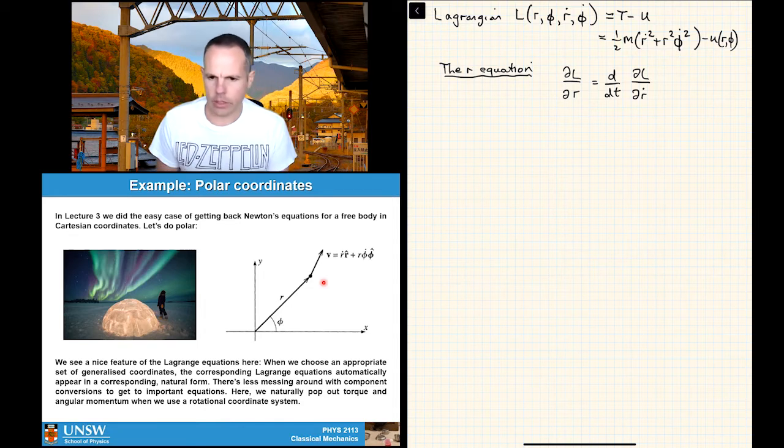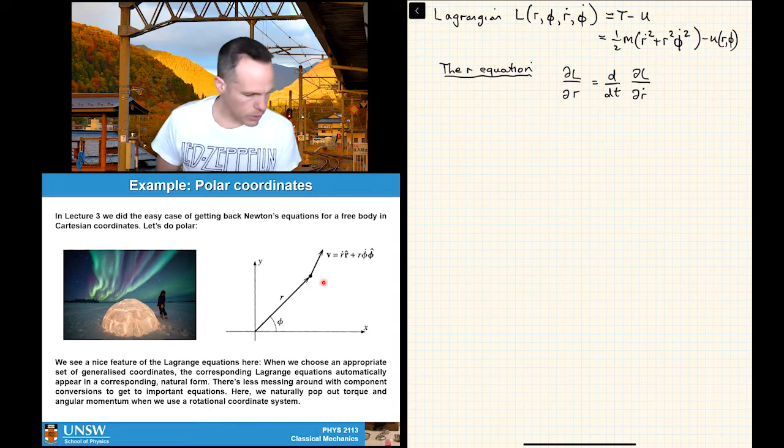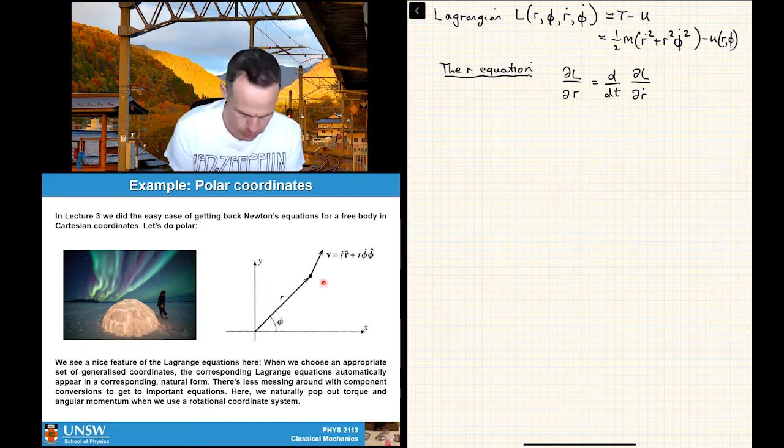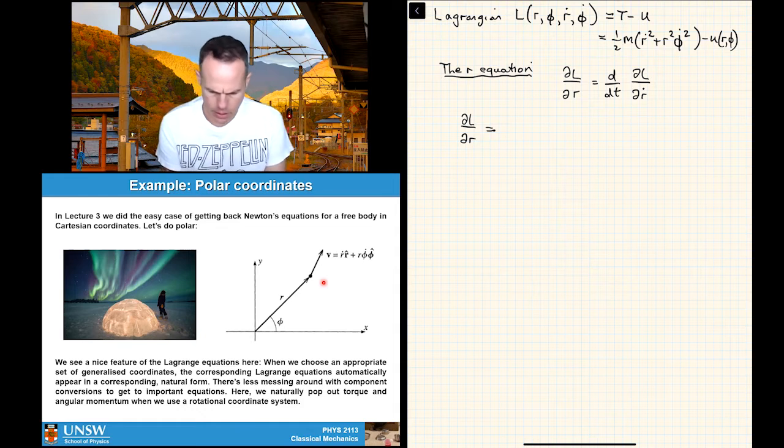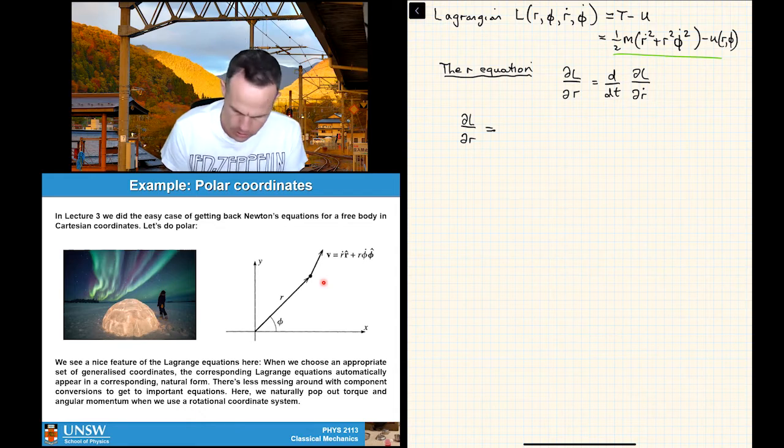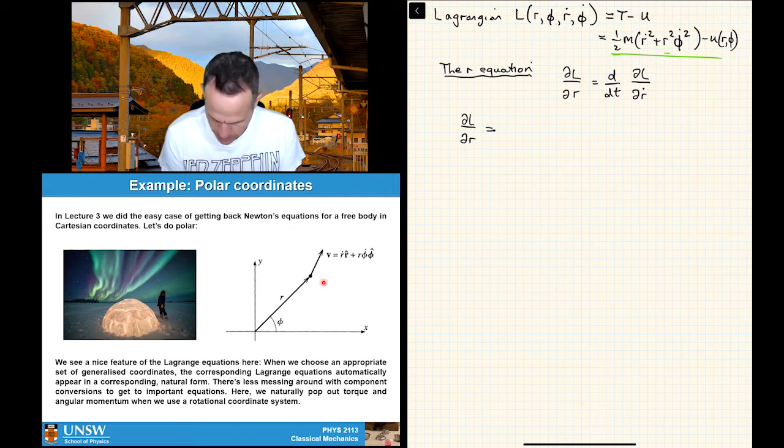And so what we need to do here is, as usual, get the two derivatives that we're dealing with, right? So the first one will be dL on dr, and you can see up in this equation here, there's basically two terms that carry a dependence on r. Okay, so the first one is in the kinetic energy. Okay, so we're going to get a half just here, an r squared just here.